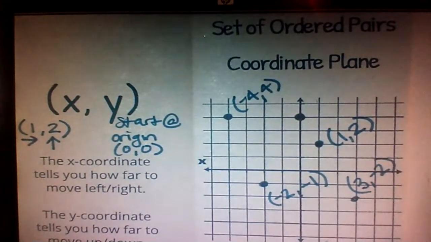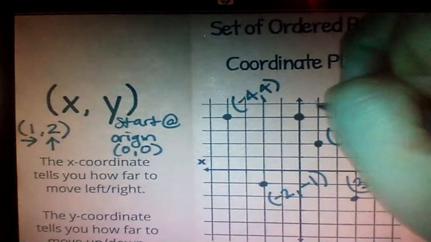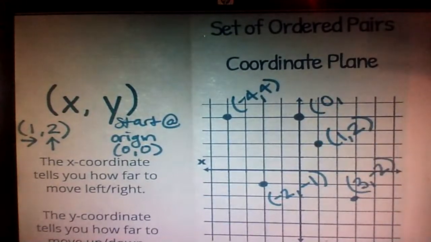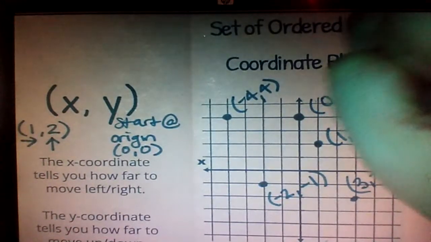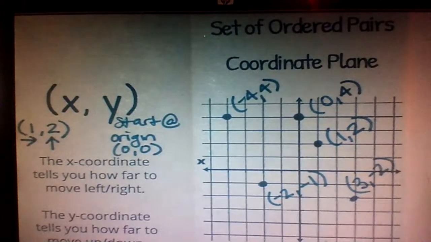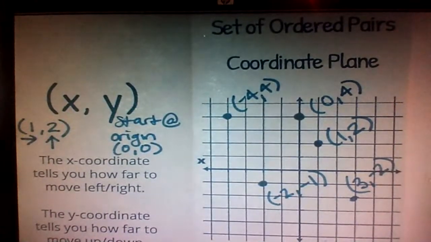What is that point? It's 0, 4. So is that still a relation? Yes. Just because x is 0, it's still a value. It's still on the number line.